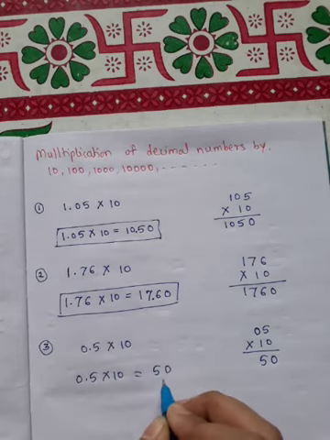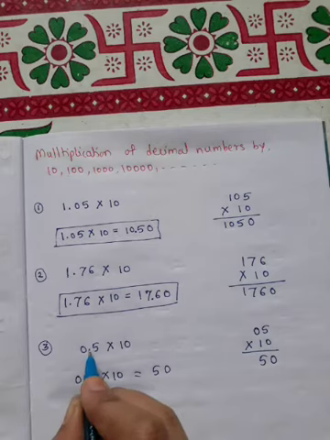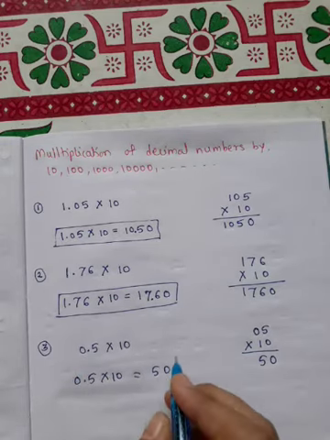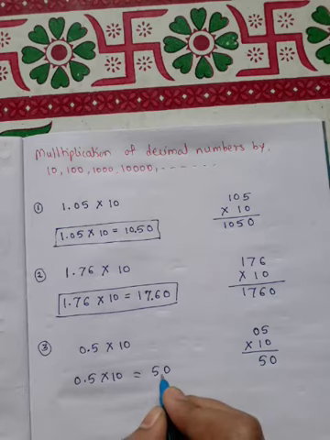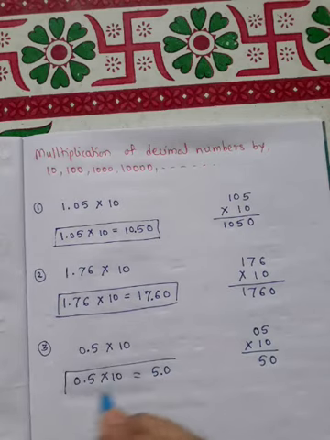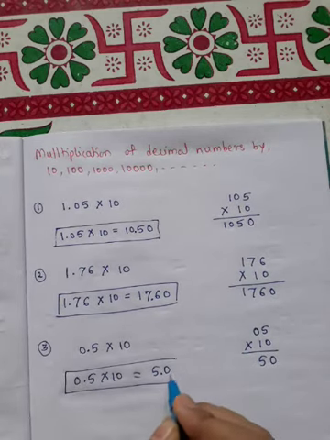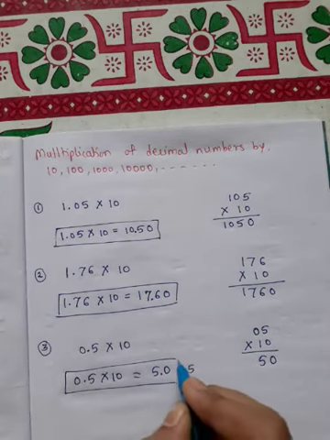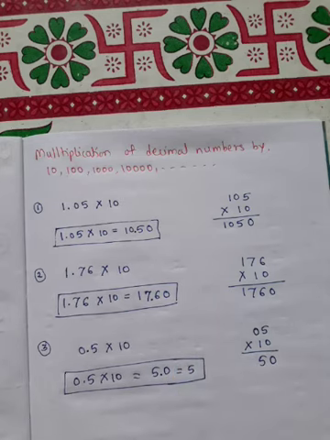Now to put the decimal point, there is one digit after the decimal point, so put the decimal point before one digit in the obtained product. Therefore 0.5 into 10 is 5.0, and 5.0 is nothing but 5 because 0 after the point doesn't matter. Okay, like this you can multiply any decimal number by 10.